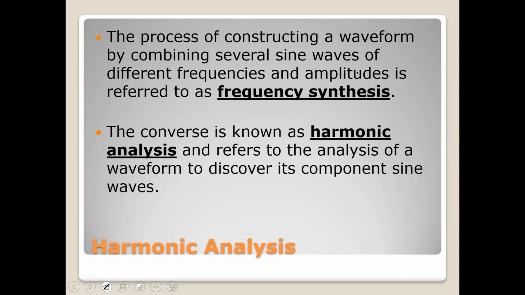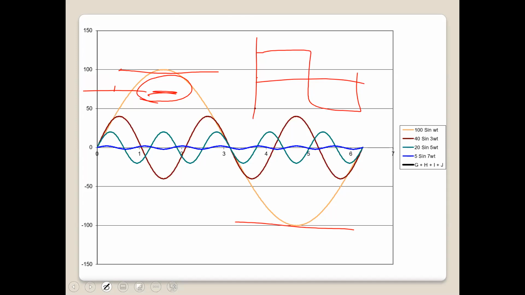And what we just did is known as frequency synthesis. In other words, if you look at what we have here, the multipliers for omega are all odd numbers.